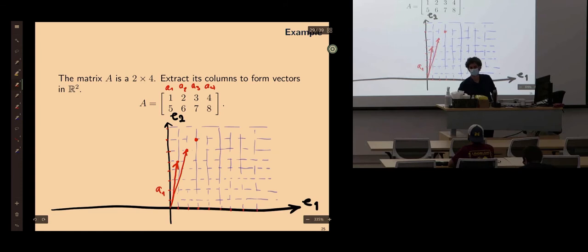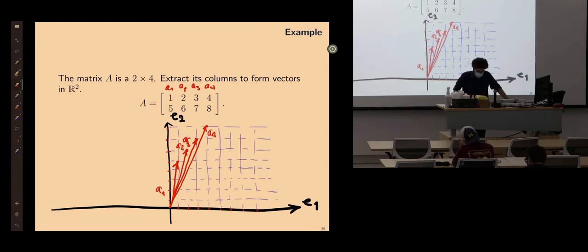Not a very exciting vector space. I think we can do so much better next year in this example. A2, A3, 4 and 8. Now, so I have 4 vectors in one matrix.